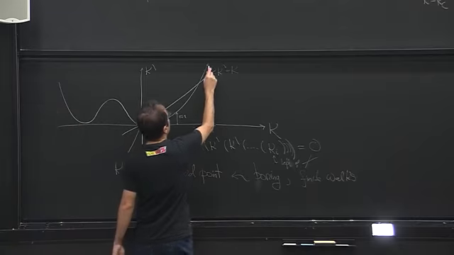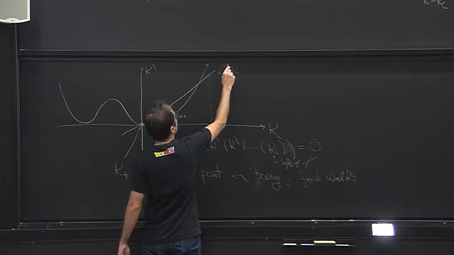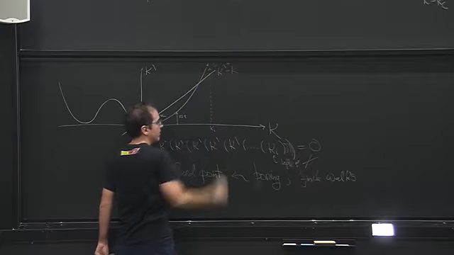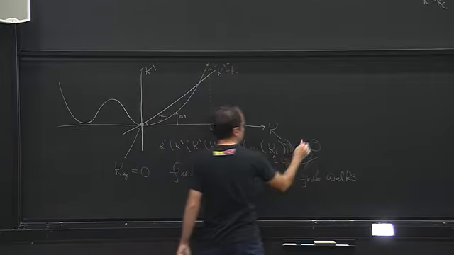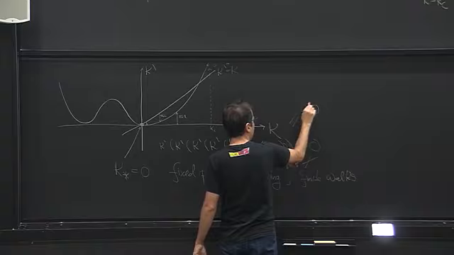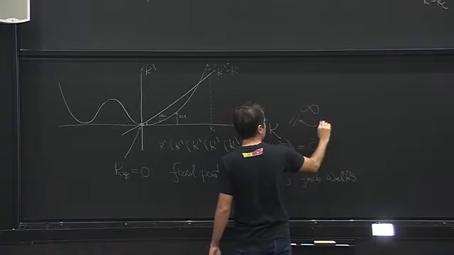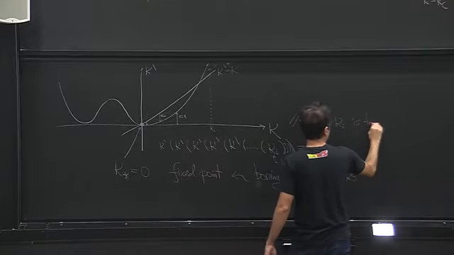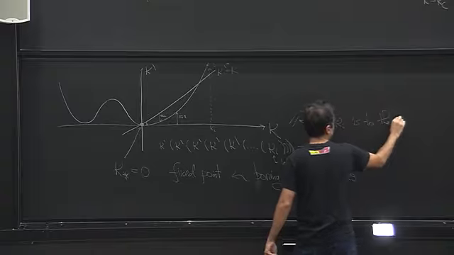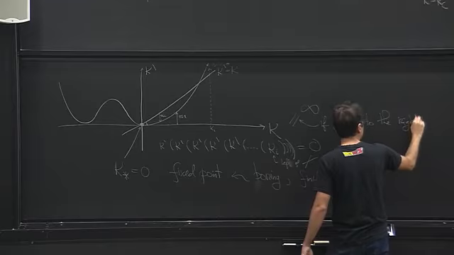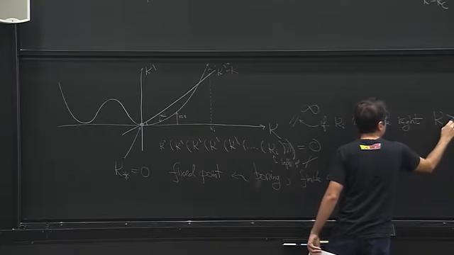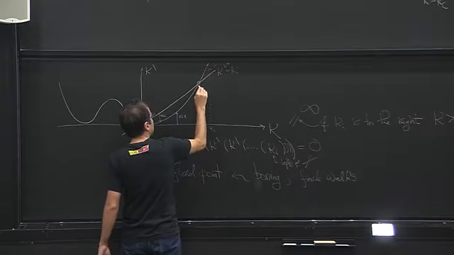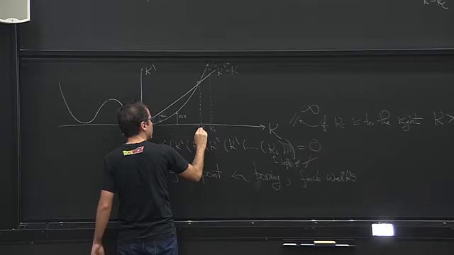And then that K prime I apply again. So you'll see what happens when you apply several times. If you start here, you apply several times, you go to infinity if K initial is to the right. So if you start at K which is bigger than a critical point, which would be this point here, K critical.